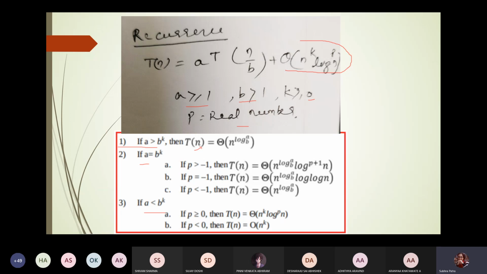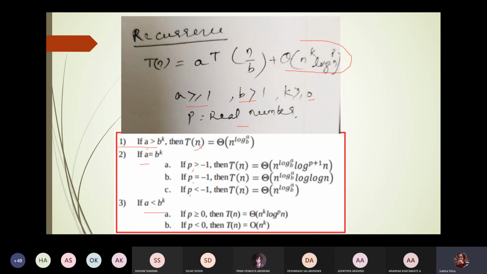It's basically a predefined formula. So if a is greater than b to the power k, then your time complexity would be theta of n to the power log a base b. Okay, if a equals b to the power k, then you check the condition for p.